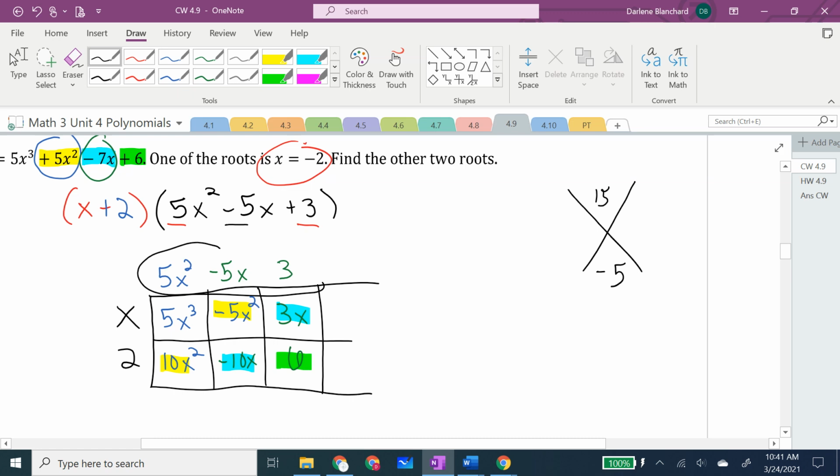So I'm looking for two numbers that multiply to make positive 15, but when I add them, I get negative 5. That doesn't sound like something we can do, does it? Are we forced into the quadratic formula? Oh dear, we are forced into the quadratic formula.